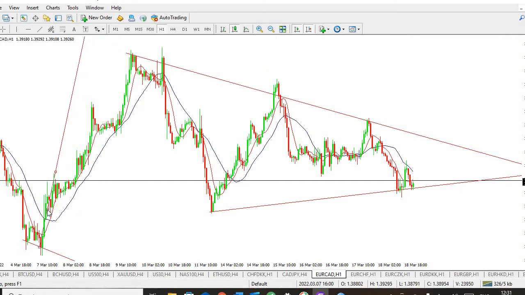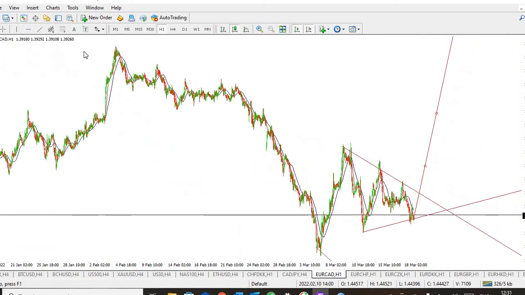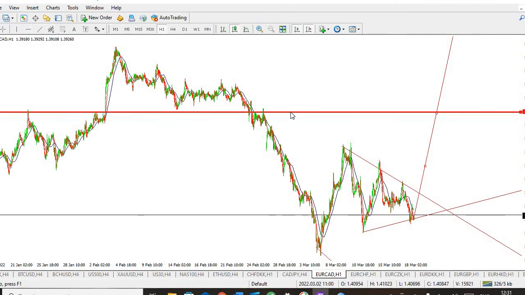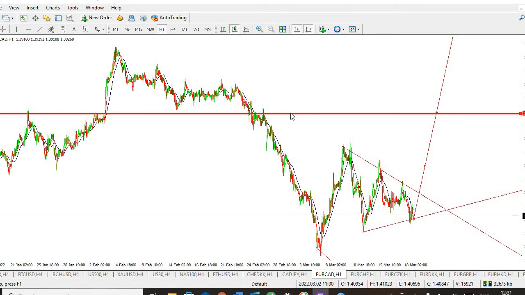I just want to measure the leg of this flag, or continuation pattern. You should know your patterns. Here we go. So enter trade number 2 on Monday, and then close out your trades at this level here.